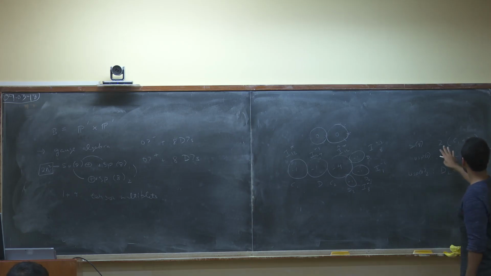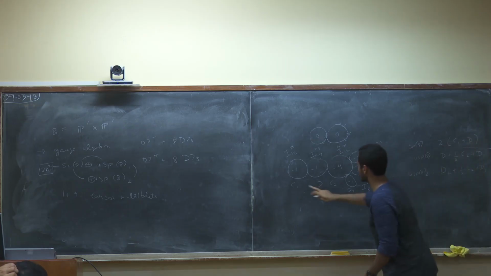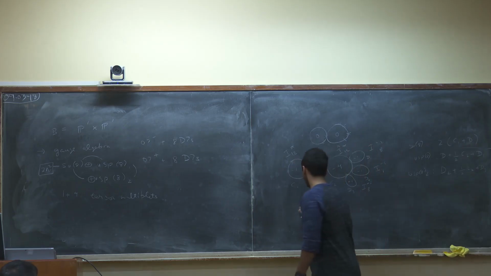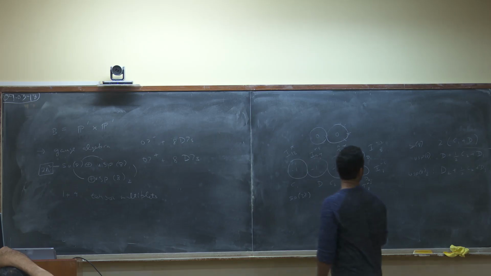So now let me show you that this makes sense. So let's see why SU8 comes with 2 times C1 plus D. So C1 is over here, where the naive 8-dimensional gauge algebra was SO32, and you want to get an SU8 out of it.